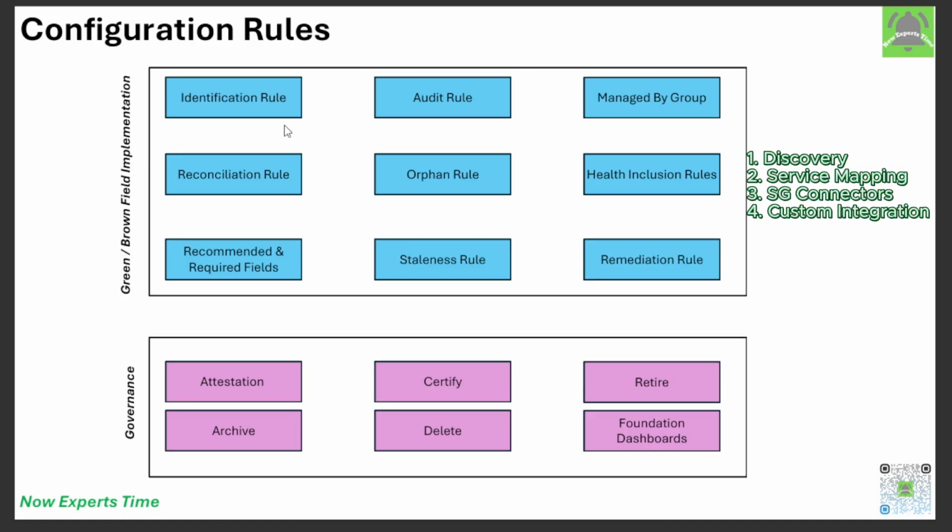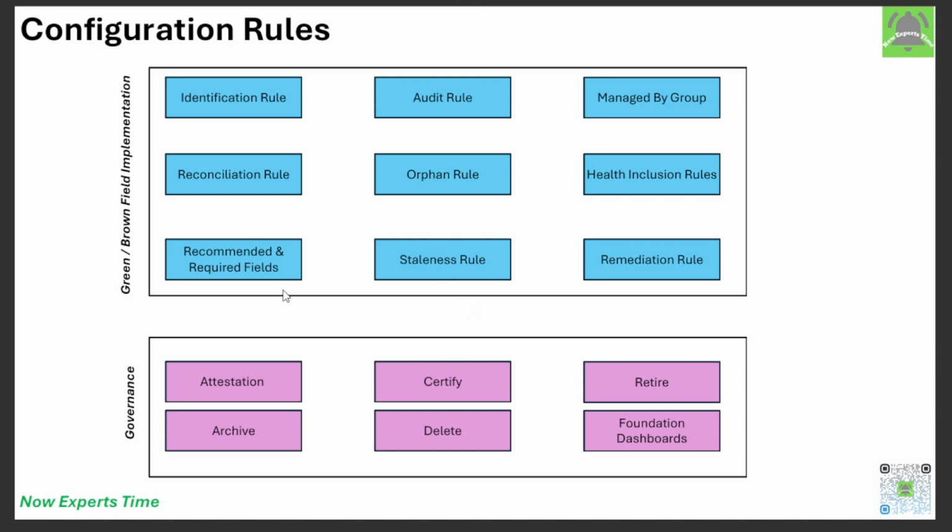Point number one, it can come via Discovery, or via Service Mapping, or from your Service Graph Connectors, or from custom integrations with your third-party system. So these are the four channels currently available to bring CIs from your infrastructure system to ServiceNow.